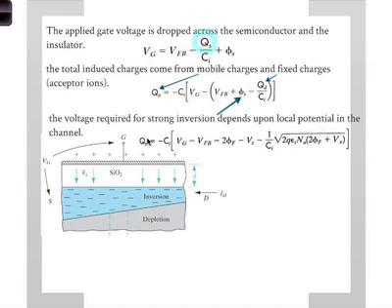So now if you look at this equation, we have a way to relate the local density of electrons in the channel, in the inversion channel, as a function of the applied gate voltage and the local channel voltage. That's all we need. So the gate voltage is the control.